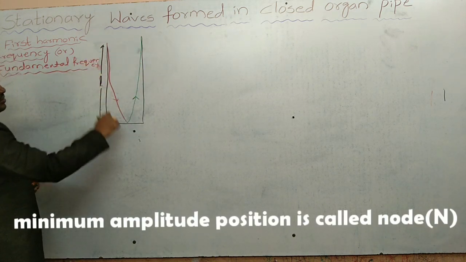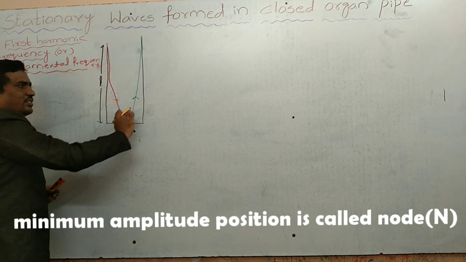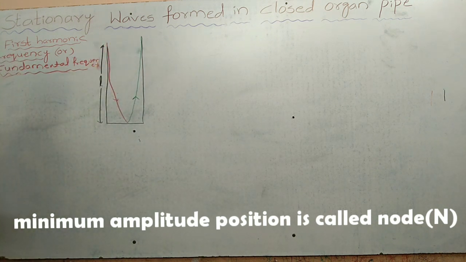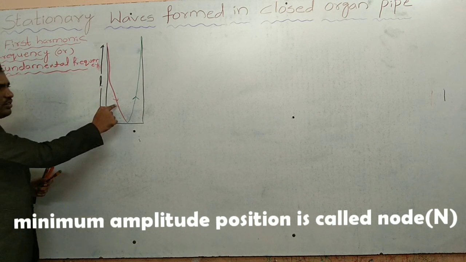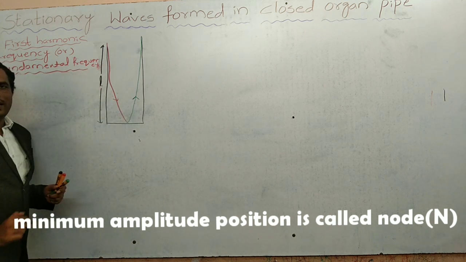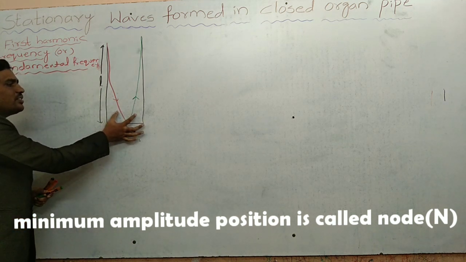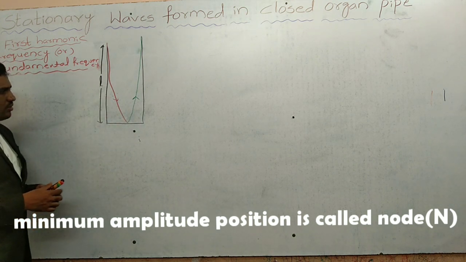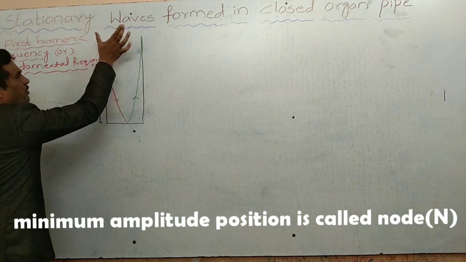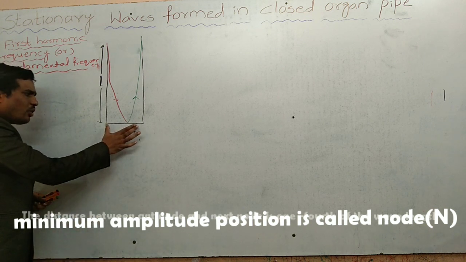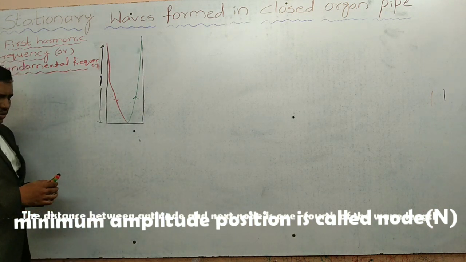These two waves, the incident wave and the reflected wave, travel in opposite directions. One is superimposing on another, so it produces a stationary wave. At the open end it always forms an antinode and at the closed end it always forms a node.